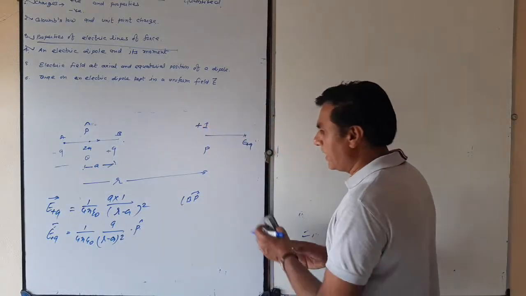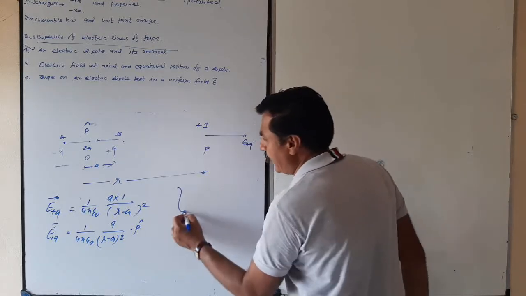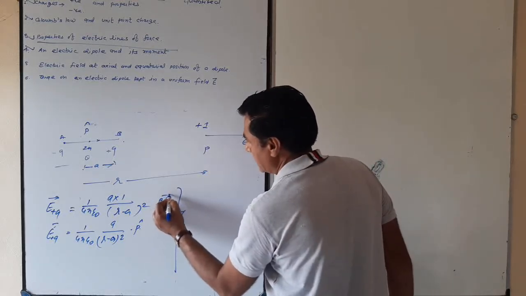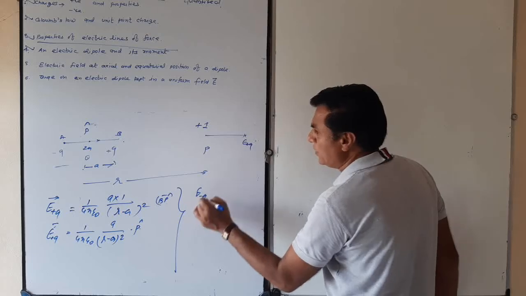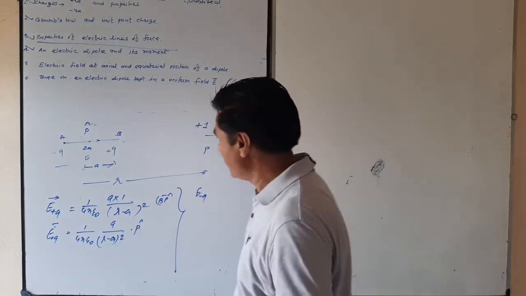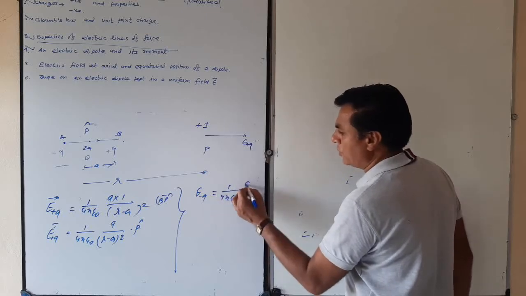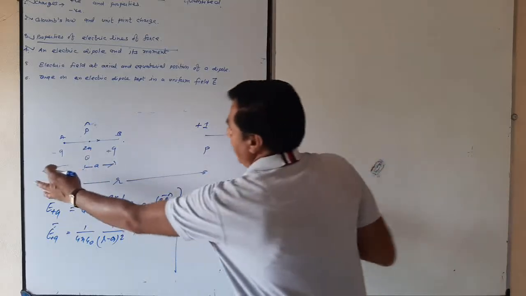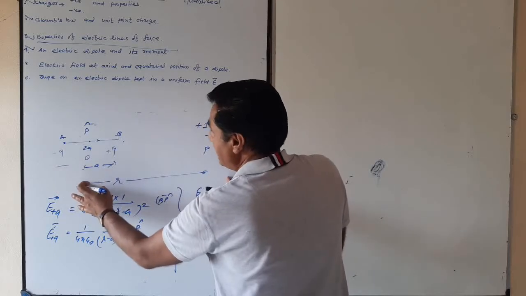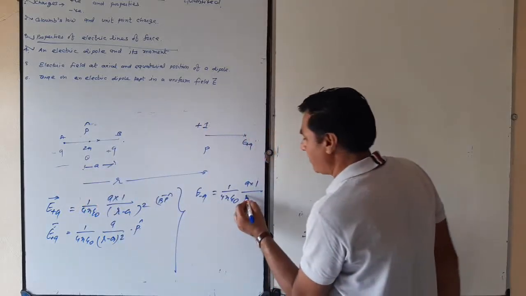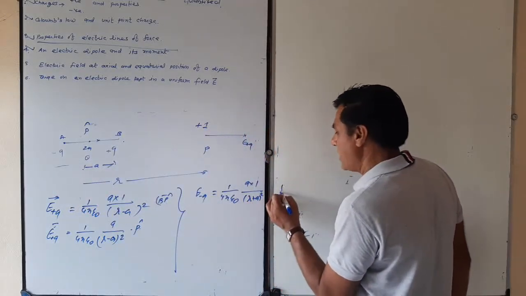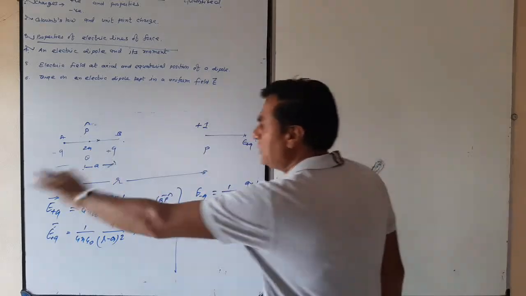Now, similarly, the electric field intensity due to the minus Q charge of the dipole, by Coulomb's law, is 1 upon 4 pi epsilon 0, Q cross 1 upon AP square. In terms of R and A, it is R plus A whole square, opposite to P cap.